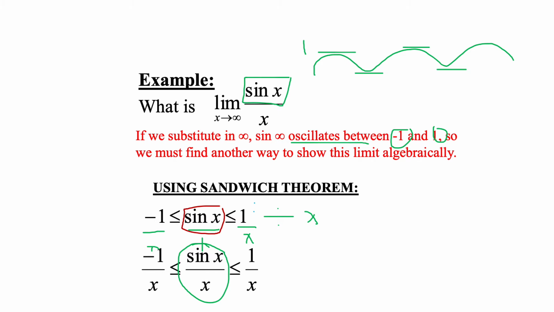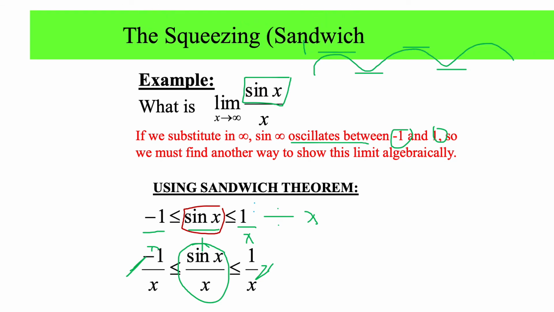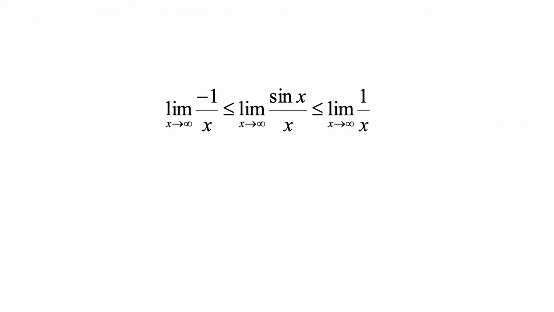Now we need to make sure, do 1 over x and minus 1 over x have the same limit? If both are the same, our limit will get the same result. We know this one is 0. Why is it 0?